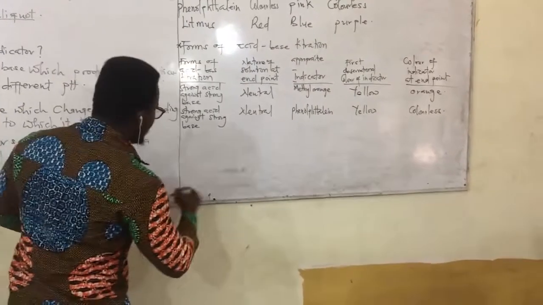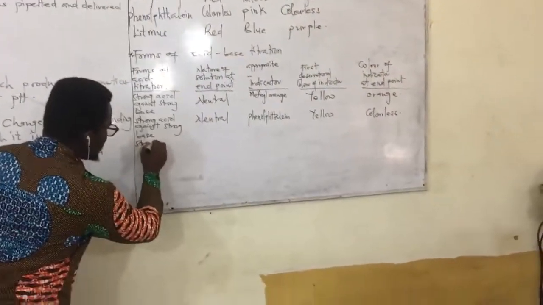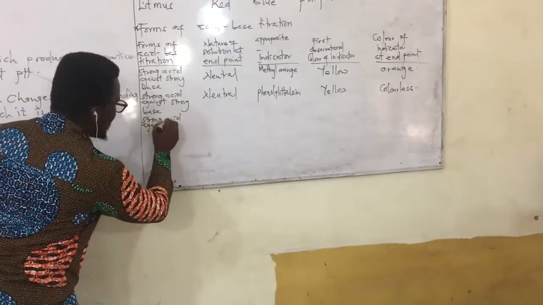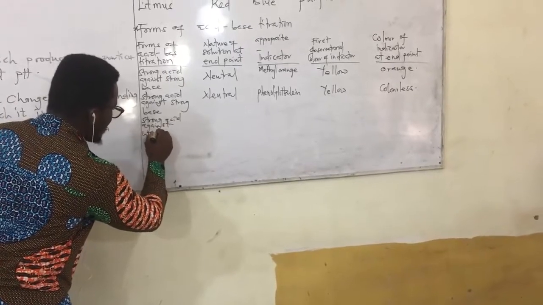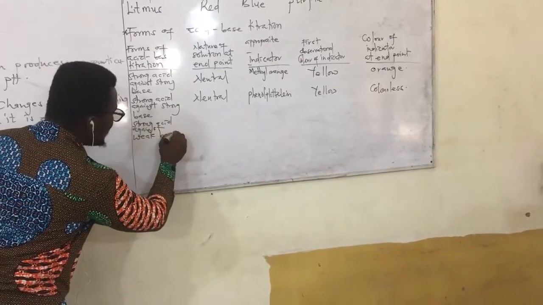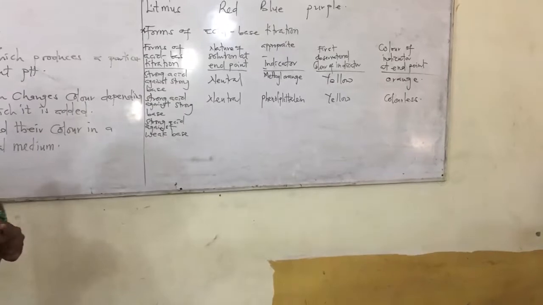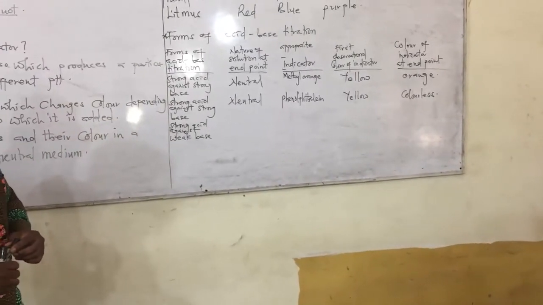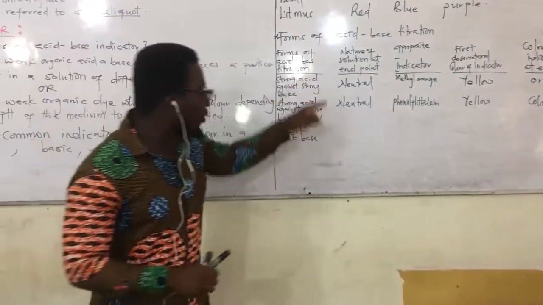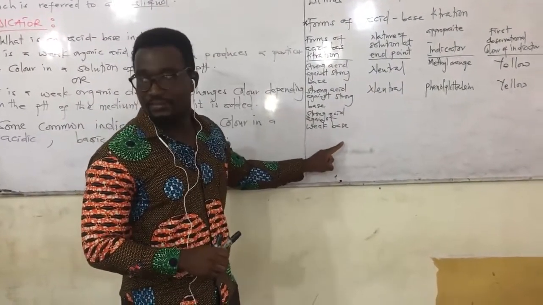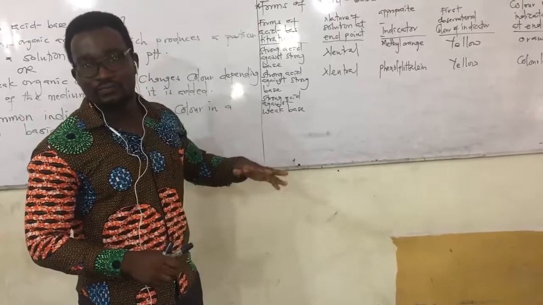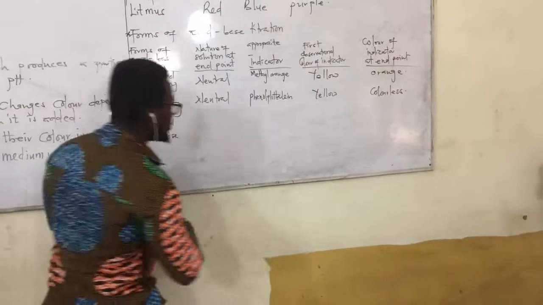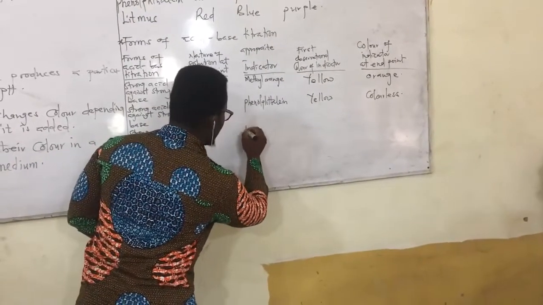Now, let's look at another form. Strong acid against weak base. The solution will be acidic, and therefore our choice of indicator will be methyl orange.